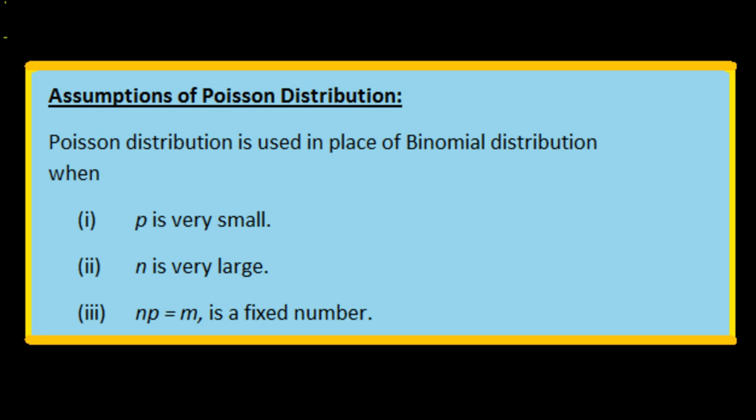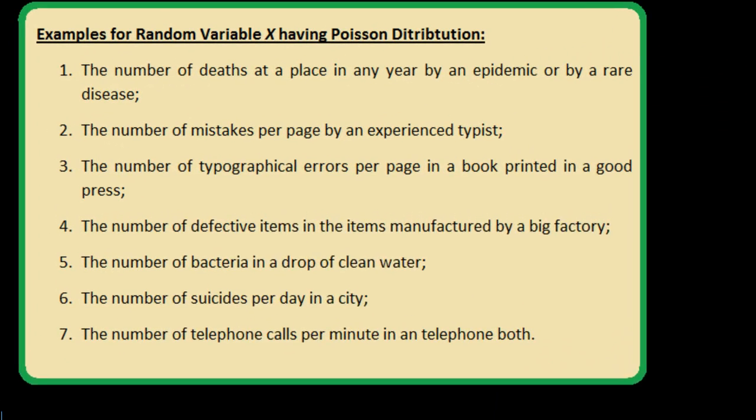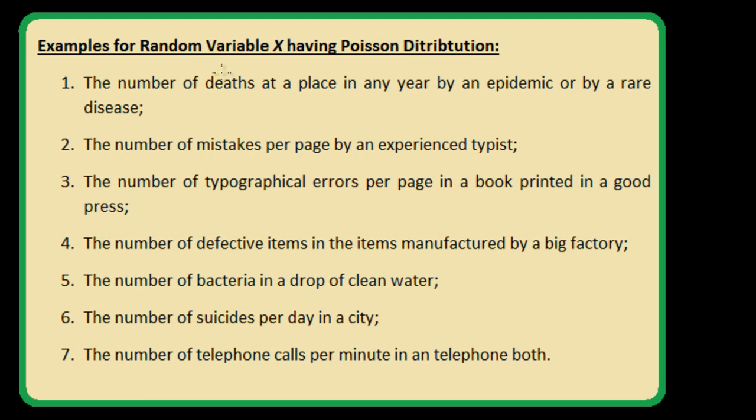Now one more thing I would like to explain: examples of a random variable x having Poisson distribution, that is, on which sort of problems you will apply it. The number of deaths at a place in any year by an epidemic or by a rare disease, because the ratio would be very small.